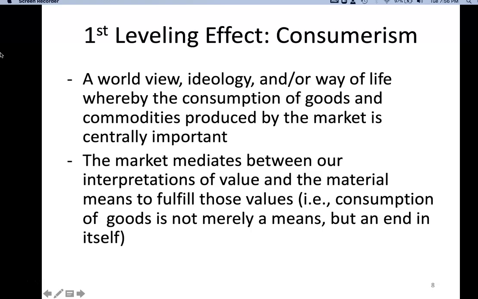And I even made the claim today, at least, it's inescapable. So that's pretty straightforward, right? It's basically saying that you're immersed in this economic system that hinges upon the consumption of commodities.